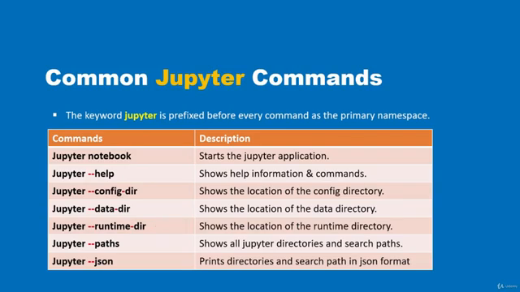If you want to show all the Jupyter directories and the search path, you type in jupyter space --paths. If you want to print out the directories and search path in a JSON format, you type in jupyter space --json. So let's open up the command prompt in Anaconda and show you how these commands work.